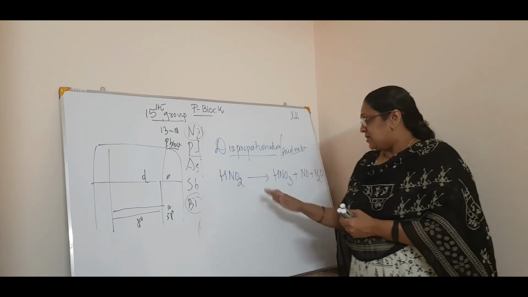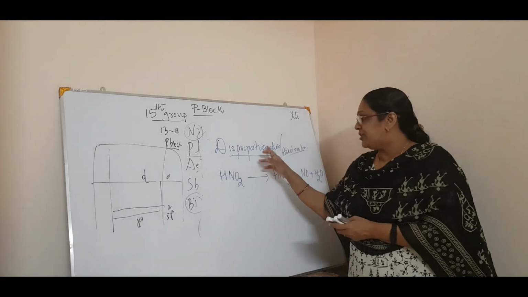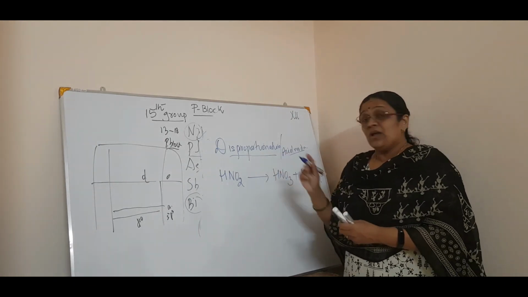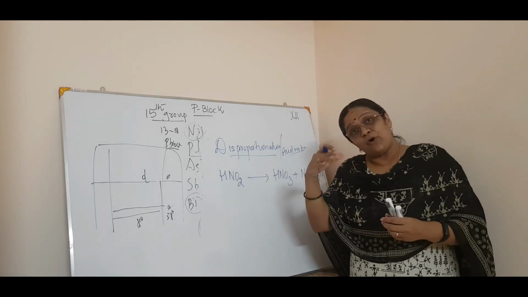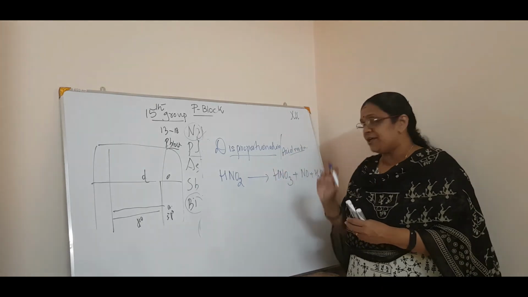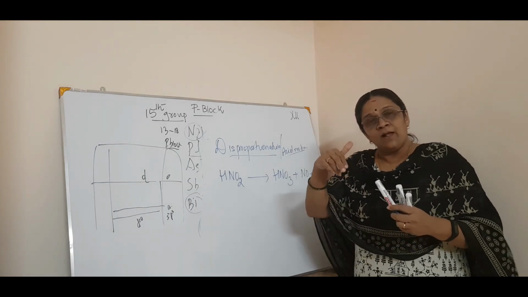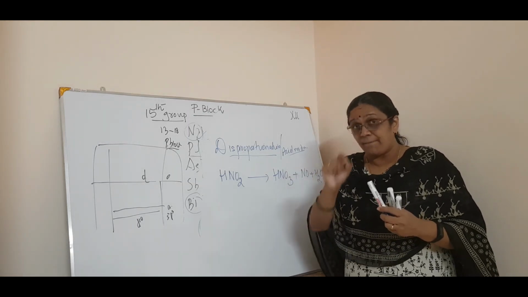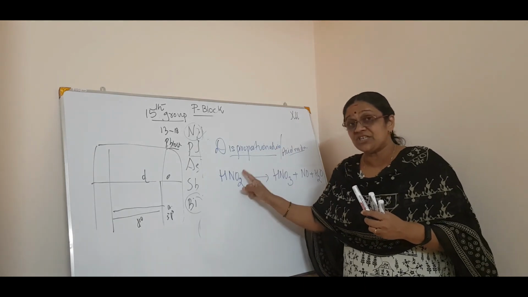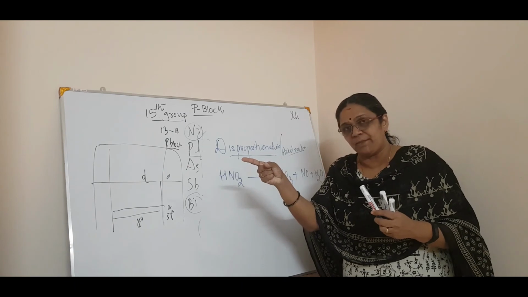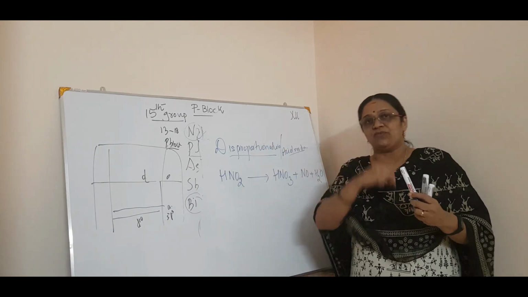So coming back to the disproportionation reaction, it undergoes self-oxidation and reduction in acidic medium. Now what do we mean by oxidation and reduction? Oxidation means an increase of oxidation number. Reduction means a decrease of oxidation number.